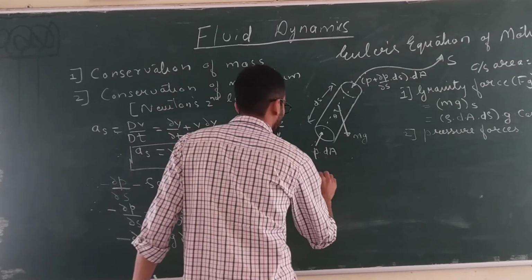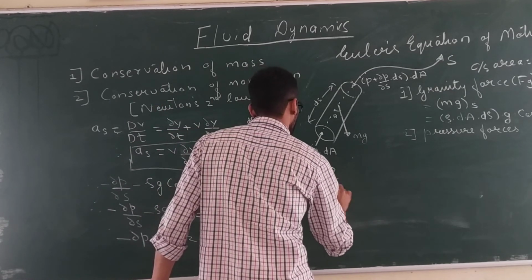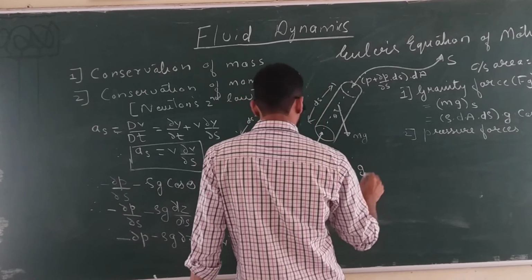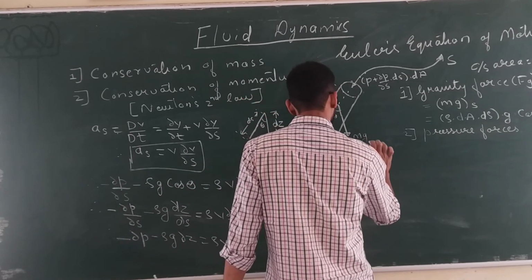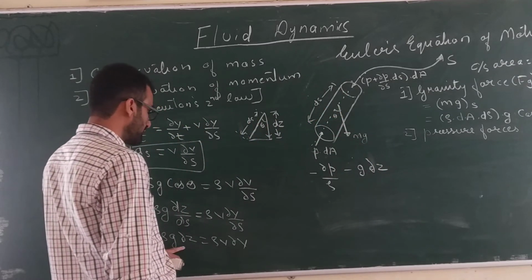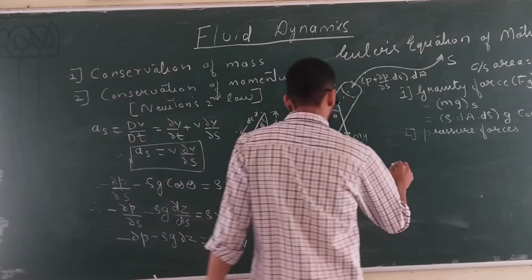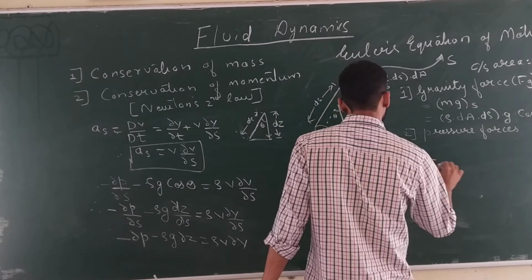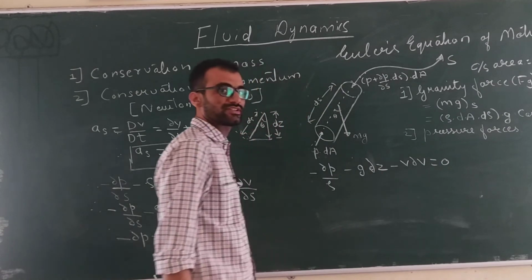So we have minus del p by rho minus g del z, dividing by rho we get g del z, minus v del v equal to 0. Okay, so this equation we are getting.